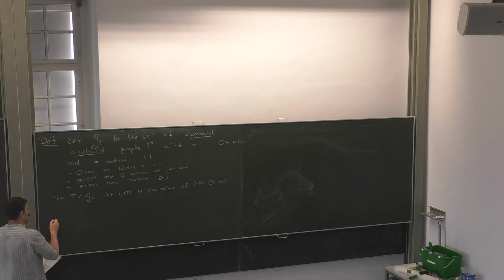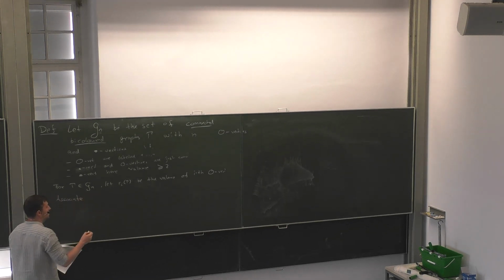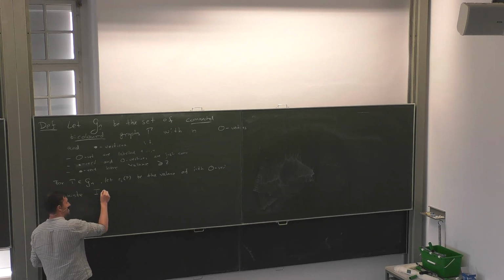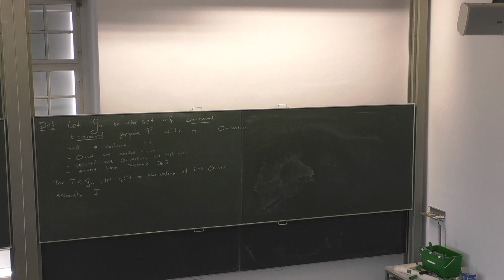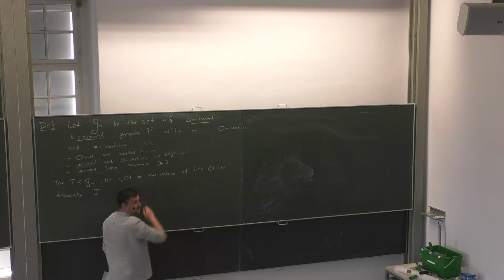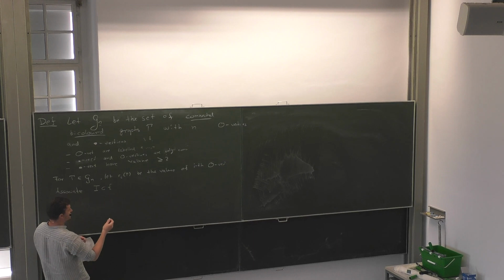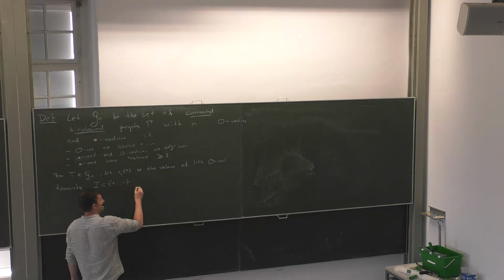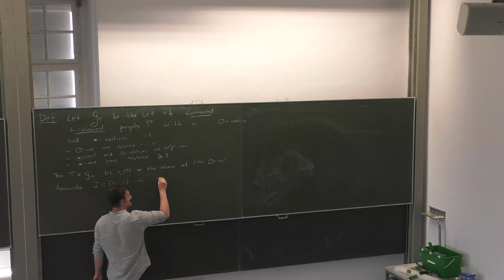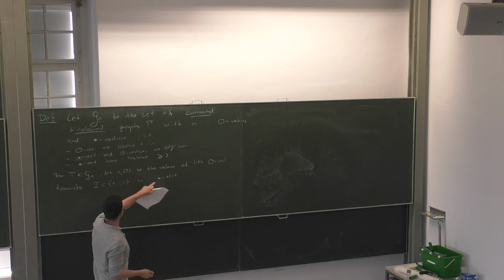Then we also associate a set I, which is a subset of 1 to n, to a bullet vertex, which remembers to which circle vertex this bullet vertex is connected.